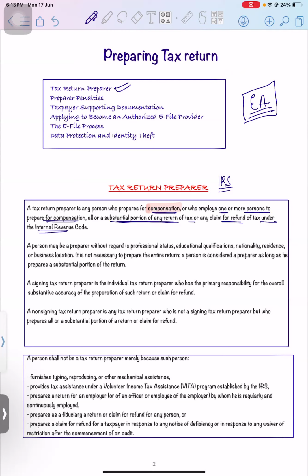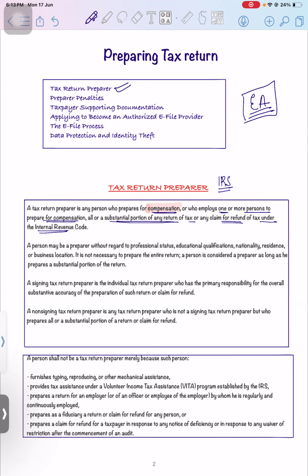Or if a person is going to prepare a substantial portion, let's say my CPA is there, he is ultimately going to be responsible for the penalty, or whatever issues there are in the tax return. He will be the responsible person. He has the whole and sole responsibility.